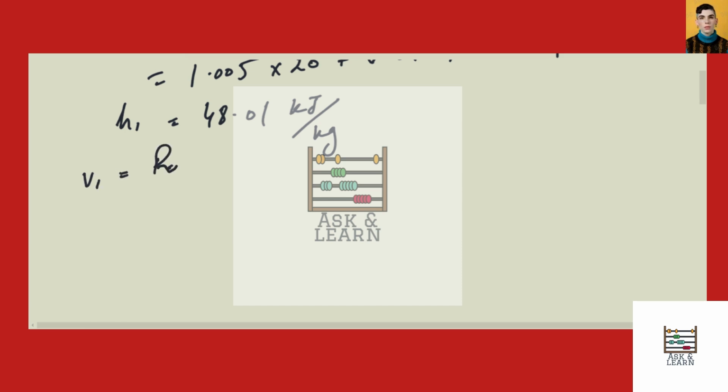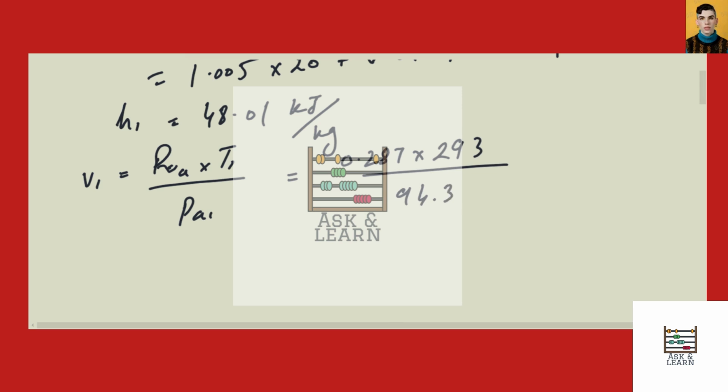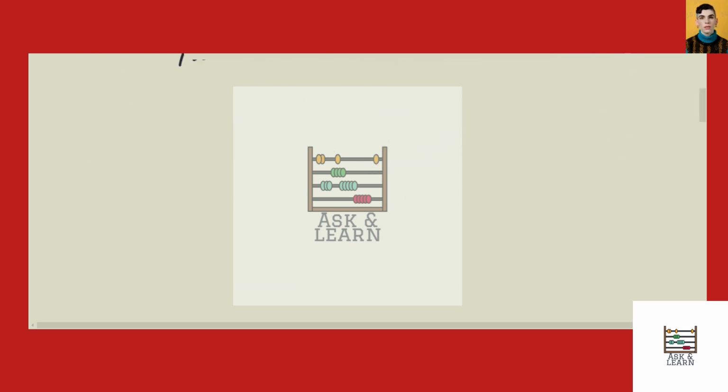Next, we can calculate the specific volume V1, which is equal to RA × T1 / PA1 = 0.287 × 293 / 94.363 = 0.89 cubic meters per kg. We will also need the same parameters for the exit flow.